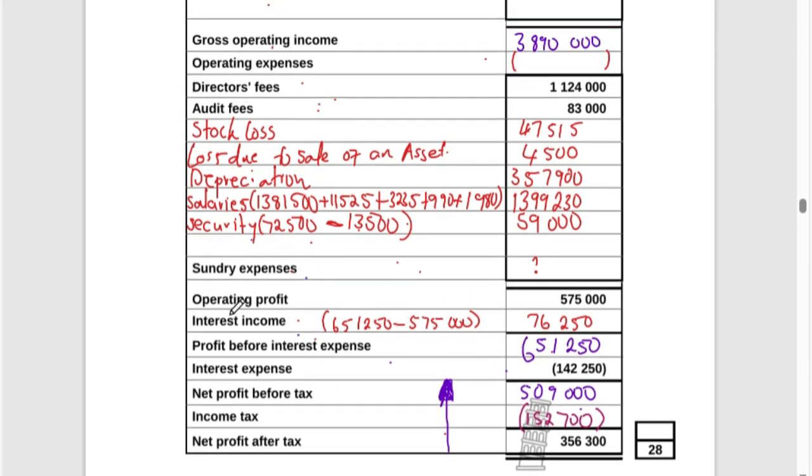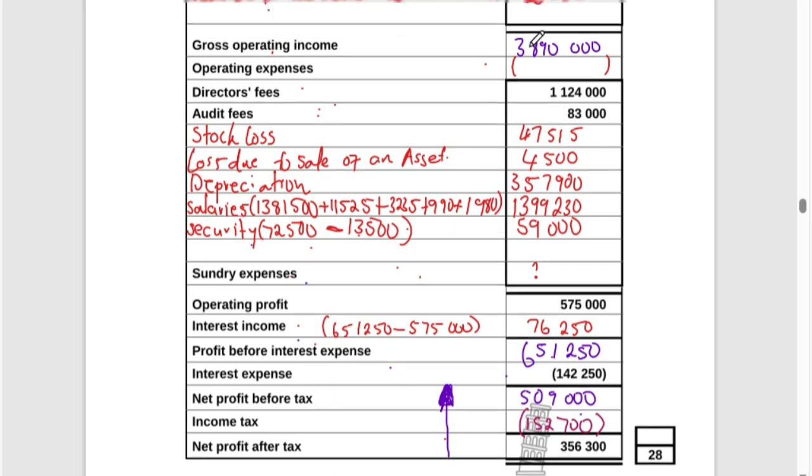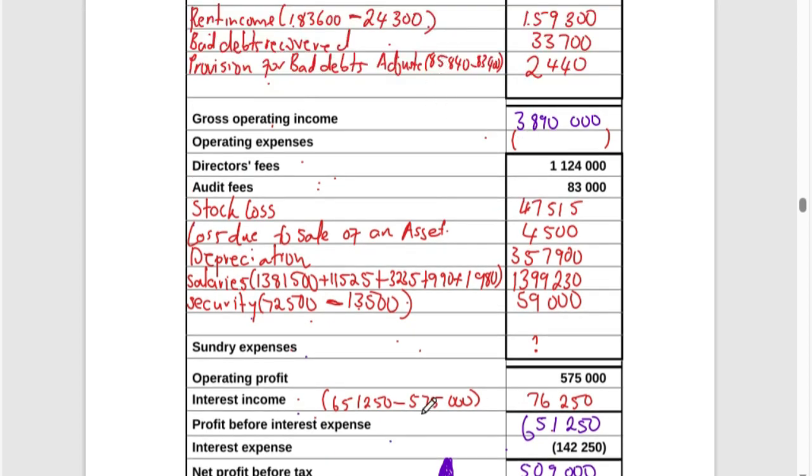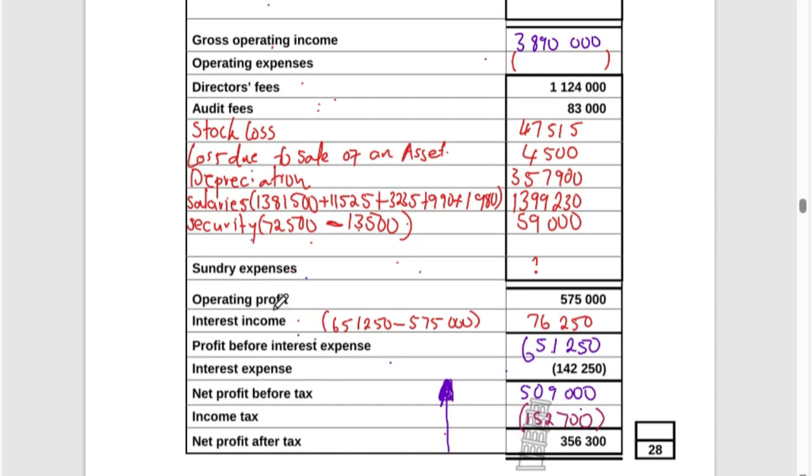To get operating profit, it's your gross operating income subtract your expenses equals your operating profit.